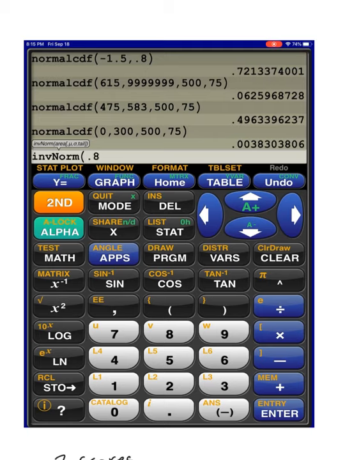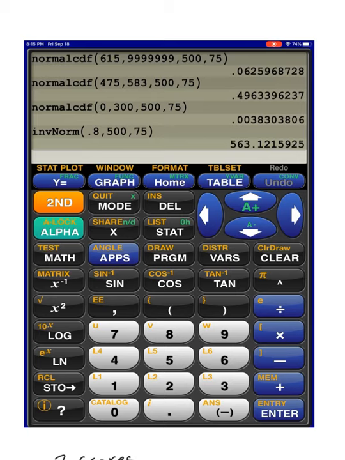My mean is 500 apples, my standard deviation is 75, and that gives me 565 apples to be in the 80th percentile of all my apple pickings.